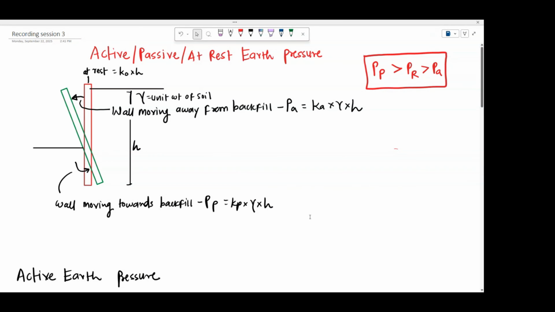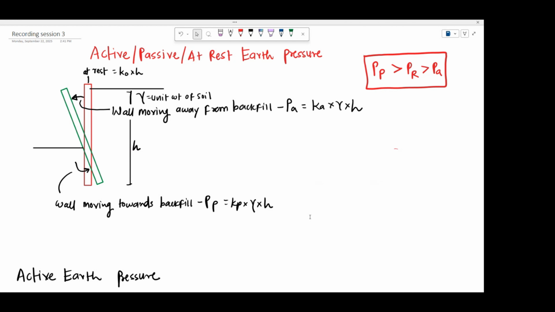So hello everyone. Today I'll be explaining active, passive and at rest earth pressure coefficients. There is always a question that comes into the minds of students: what are these pressures, and why is the passive pressure always higher, why is the at rest earth pressure in the middle, and why is the active earth pressure the lowest?